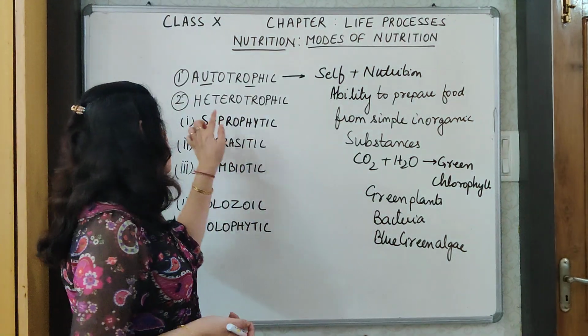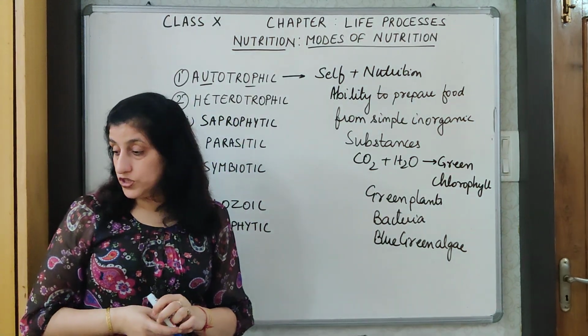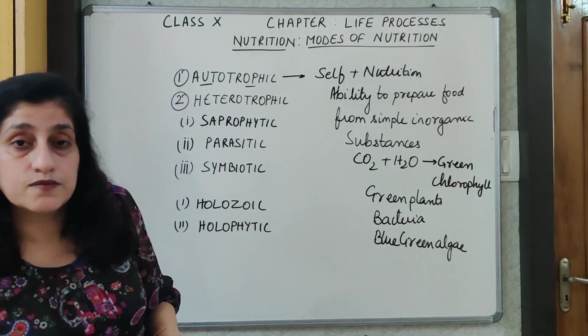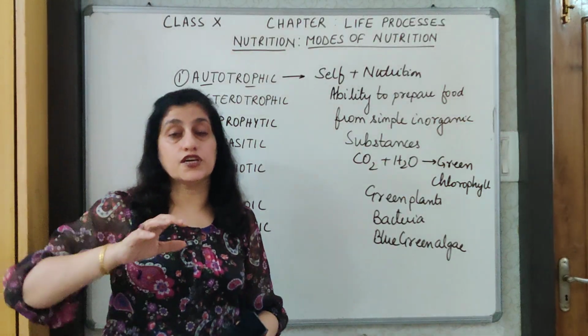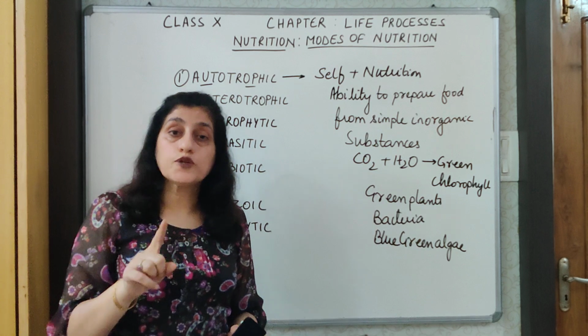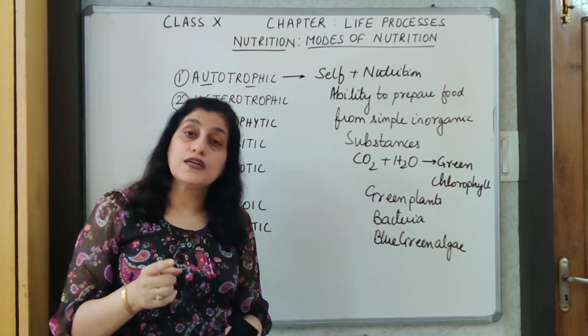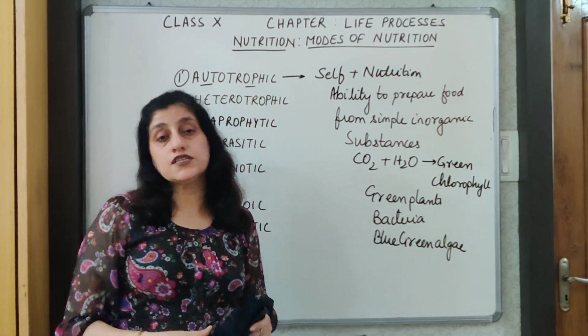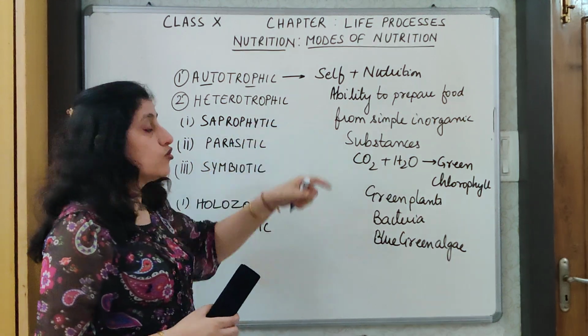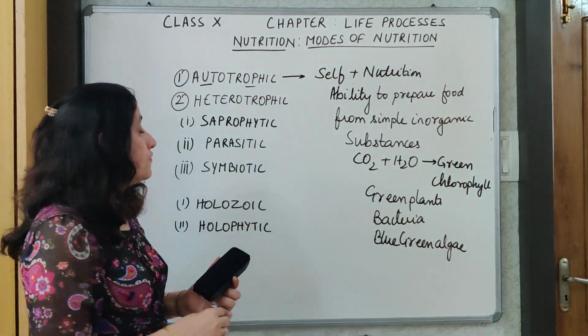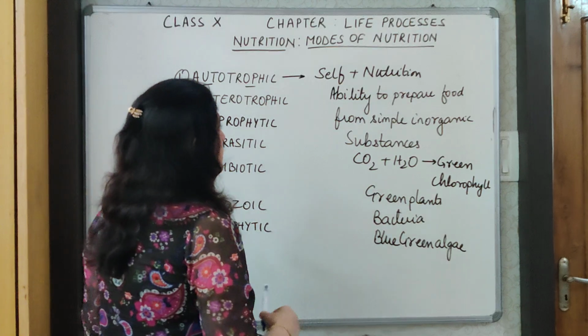Then from here we move on to the heterotrophic mode of nutrition. When the organisms do not manufacture their own food, do not prepare their own food, but take prepared food, it is known as heterotrophic mode of nutrition. So we can just make a simple change over here.